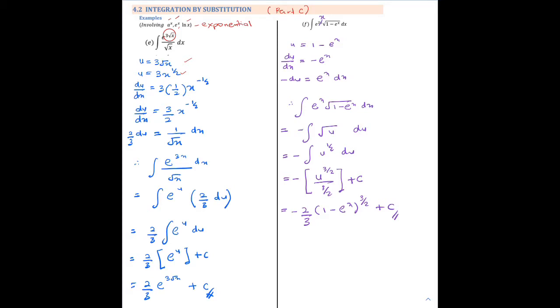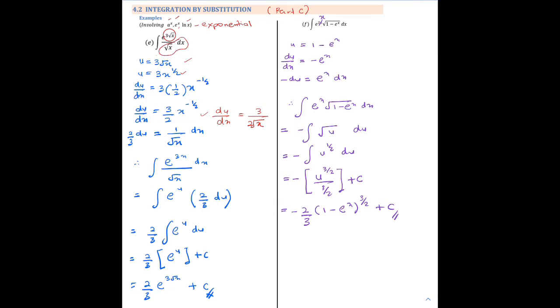And then simplify. So here we can see that du/dx is equal to 3 over 2 square root of x. Alright, so compare with the question. From the question we can see that we have dx over square root of x.